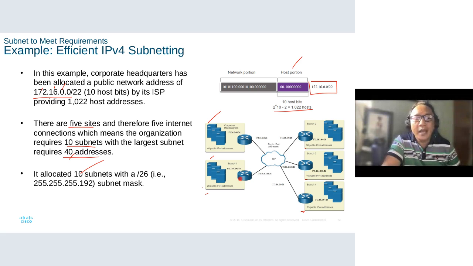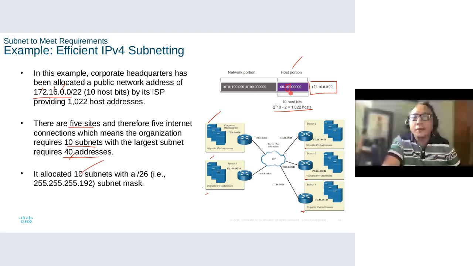Okay? So you will notice na yung pagkakahati-hati is in a /26 subnet. Okay? So nung sinubnet natin to, itong host portion natin, ginawa natin /26. /26 ibig sabihin ang ihahari natin bits dito ay 2 sa last octet.